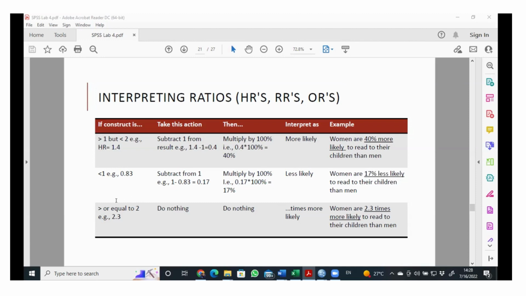Okay, good. So the third way to interpret, for those greater than 2, is you just do nothing and report it as is. So women are 2.3 times more likely, or have 2.3 times greater odds to do this than men.